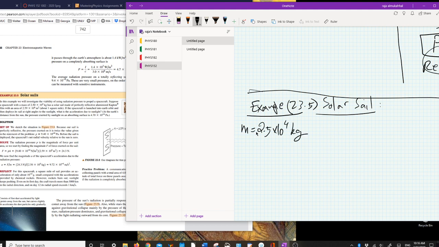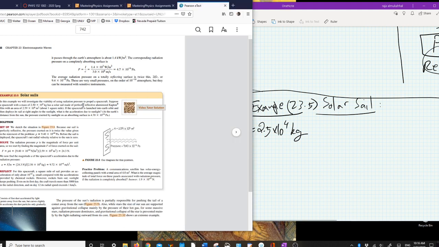I'm actually more comfortable now with the pen than before. Anyway, it has a solar sail made of perfectly reflective aluminized Kapton. So remember, look at that word, reflective. What does that mean? If it is reflective, then it is 2. You see what I'm saying?